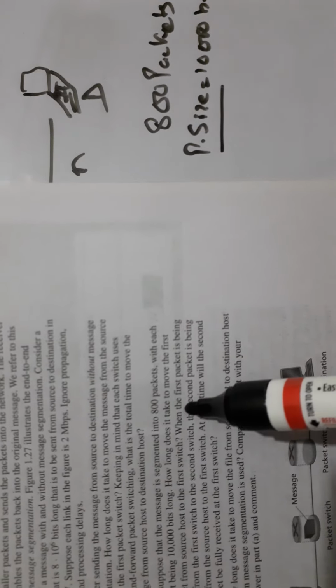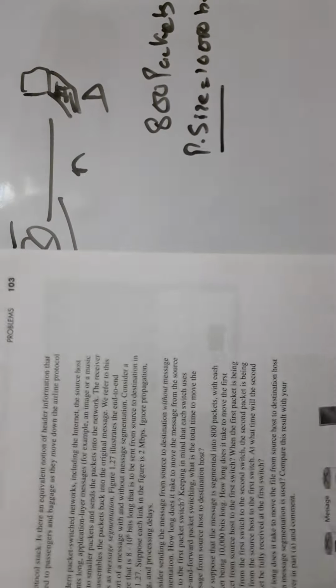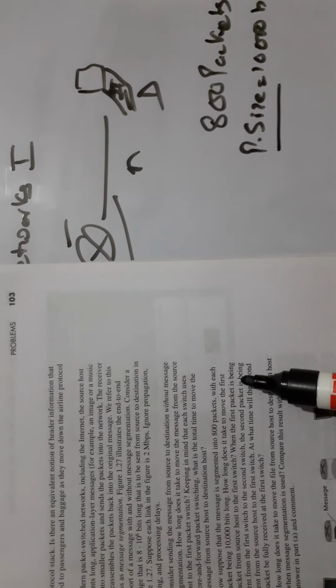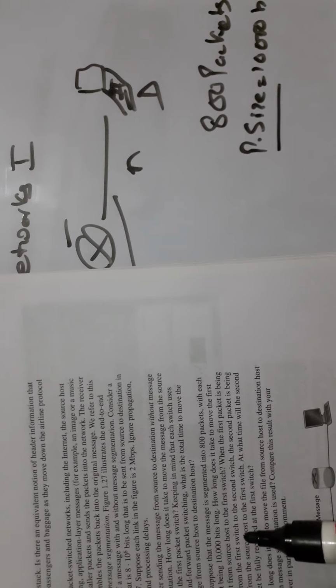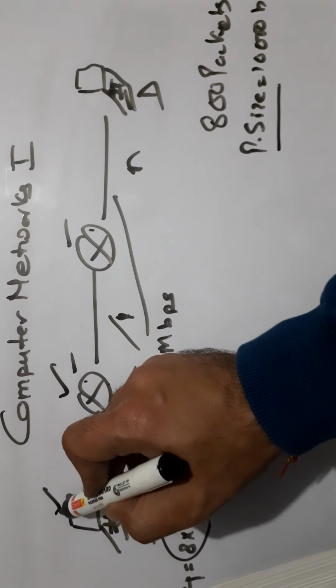Okay, and the second is when the first packet is being sent from the first switch to the second switch, from here to here. When the first packet is being sent from the first switch to the second switch, from this to this point, the second packet is being sent from source host to the first switch, from there to there.